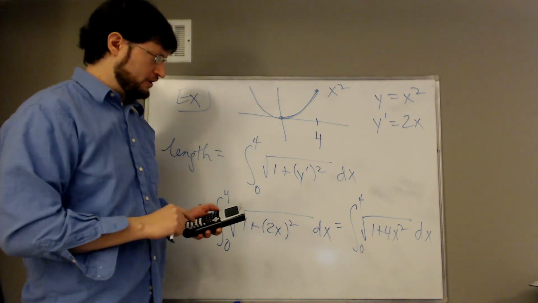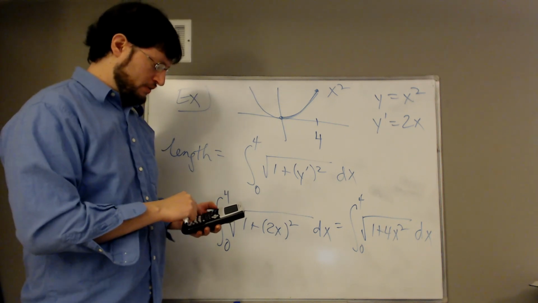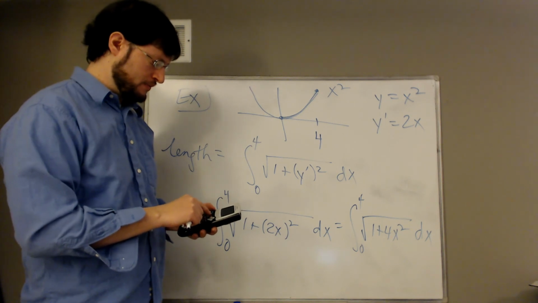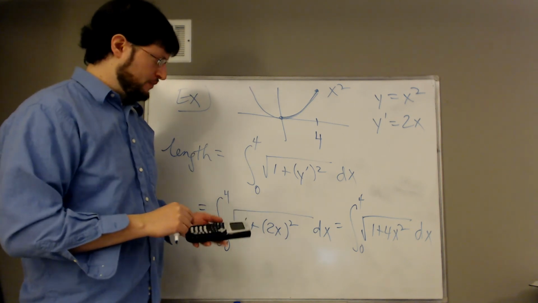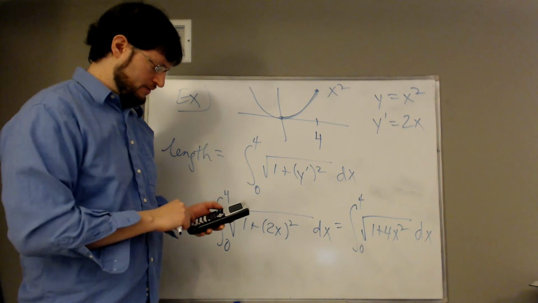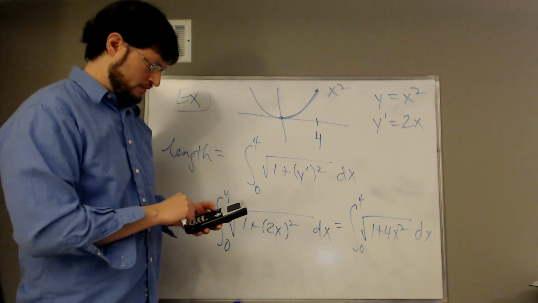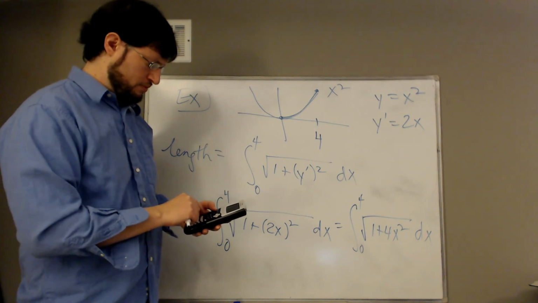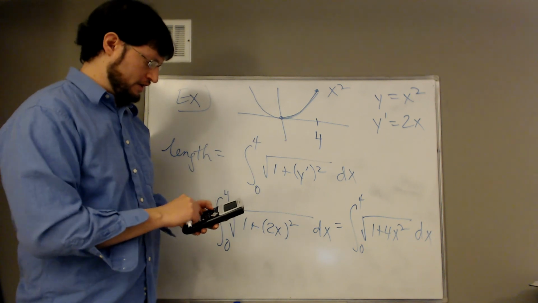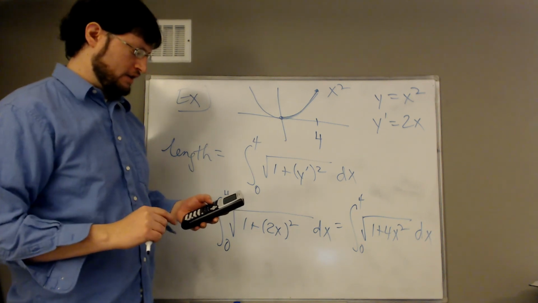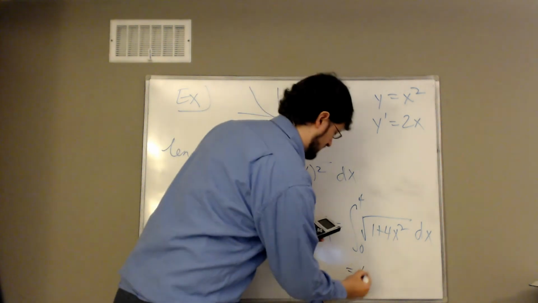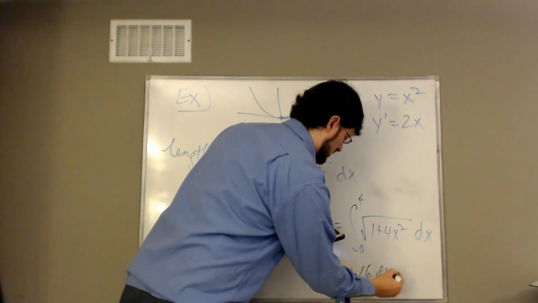I'm not going to put this on the screen, but I will just come up with the actual answer. So if we integrate this, you should make sure you know how to get the answer that I'm getting. The answer that I get is 16.819.